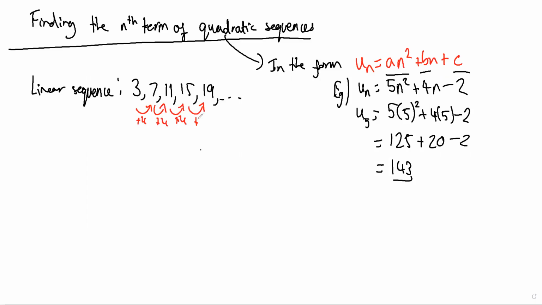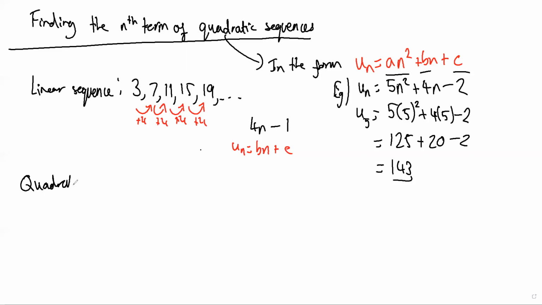So we say it has a common difference of 4. And then the nth term for this would be 4n minus 1. So there's no n squared term in linear sequences. You can even think of it as being in the form bn plus c. So it just doesn't have this an squared bit in it. So that's a linear sequence.